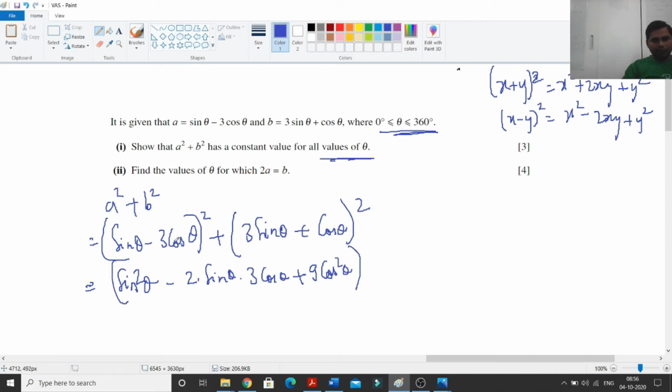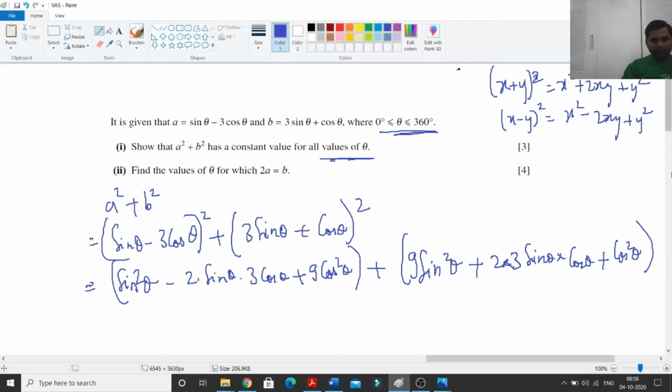Right, because square of 3 cos theta is 9 cos square theta. Plus, here we'll get 9 sin square theta plus 2 times 3 sin theta times cos theta plus cos square theta.